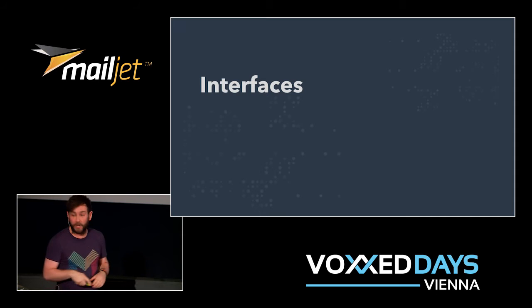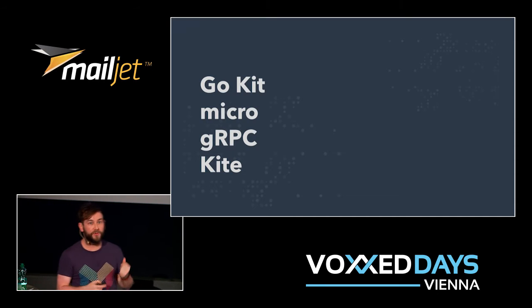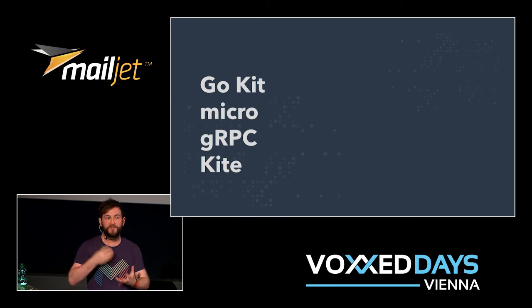So if you're starting building a microservice architecture in Go, there's actually a few frameworks you can use. GoKit has been around for a year or so, and that provides a really nice framework for building out services. Micro is quite similar.